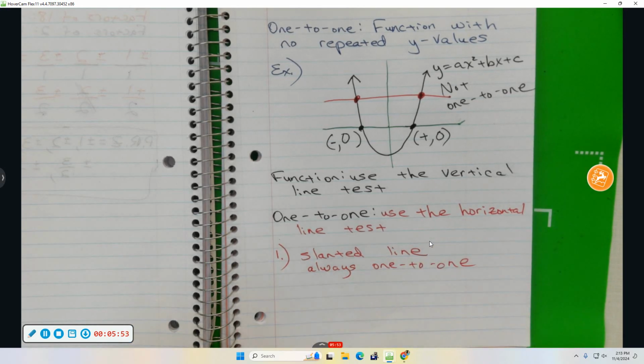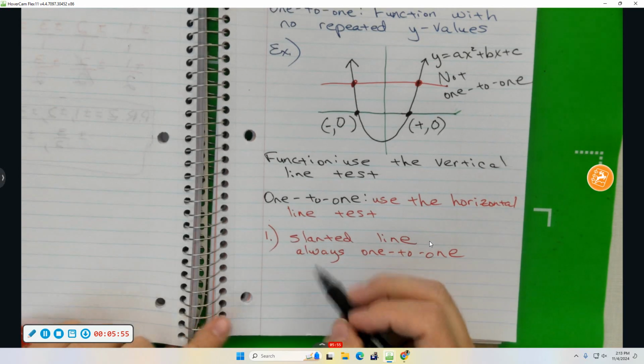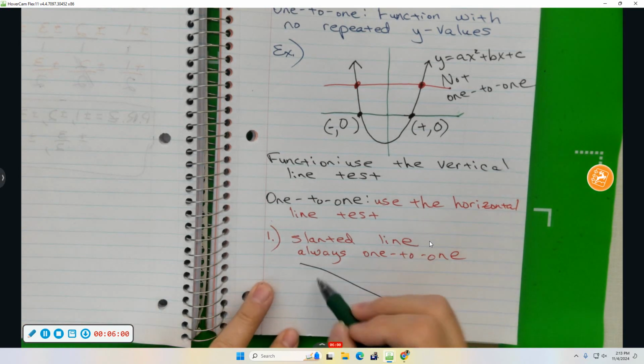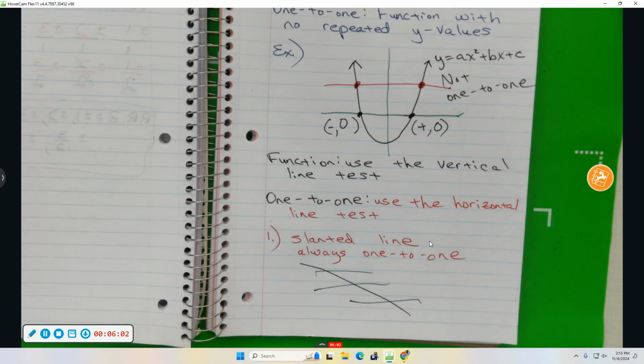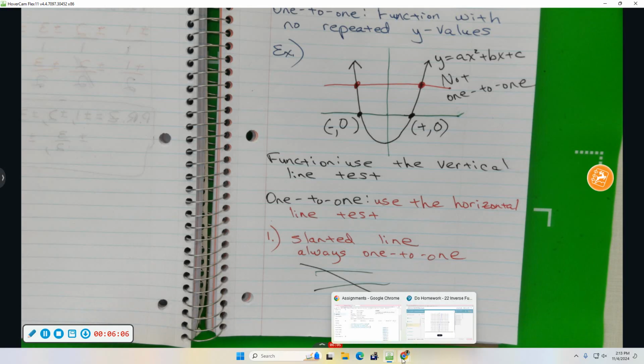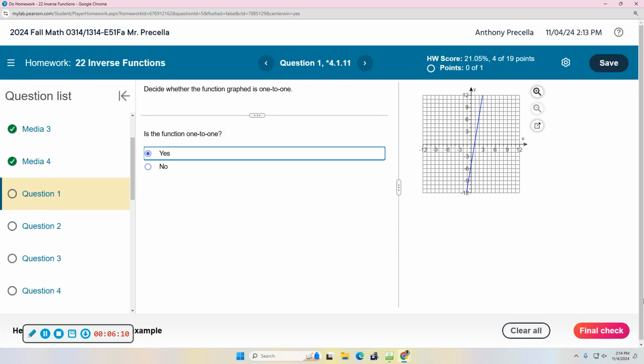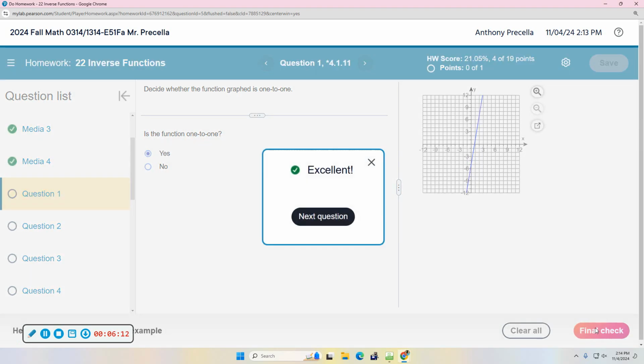It doesn't matter what the slanted line looks like. It could have been falling from left to right. You're not going to draw a horizontal line that will hit it twice. So the answer for number 1, yes, it is one-to-one. And that's true for any slanted line.